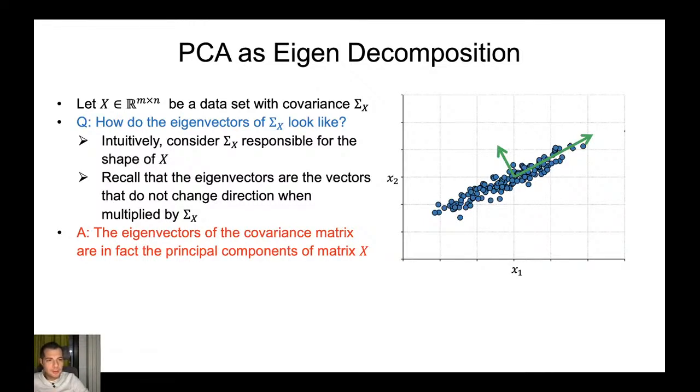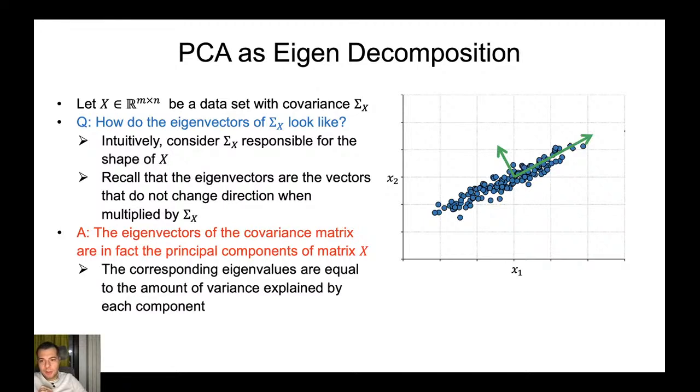If you do eigenvector decomposition, the eigenvectors will be the principal components of X. So the eigenvectors of the covariance matrix are the principal components of the matrix X. You can obtain the principal components by doing eigenvector decomposition.